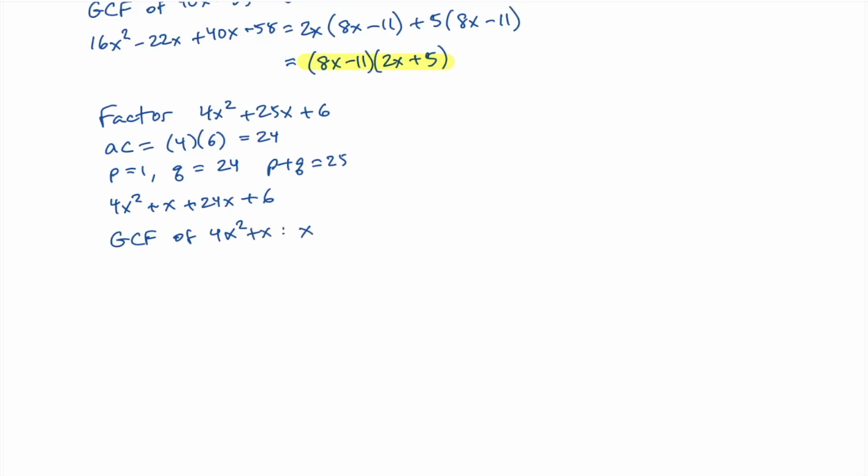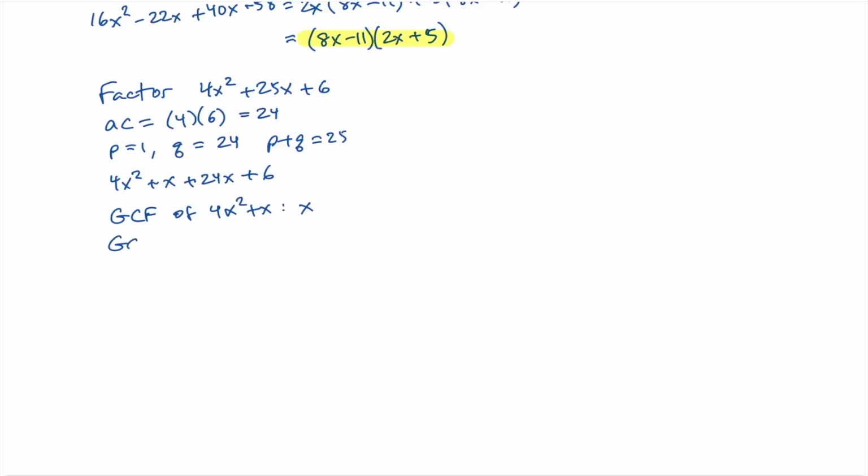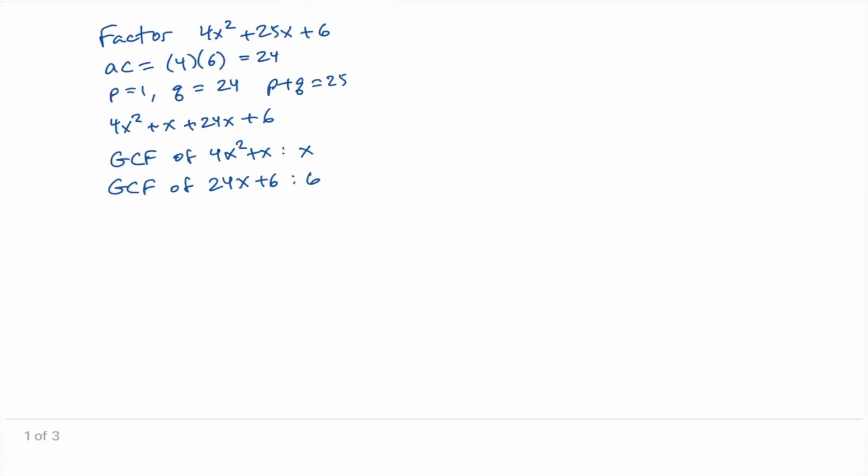That's going to be x. The greatest common factor of 24x plus 6 is going to be 6. So we can rewrite this as 4x squared plus x plus 24x plus 6 equals.